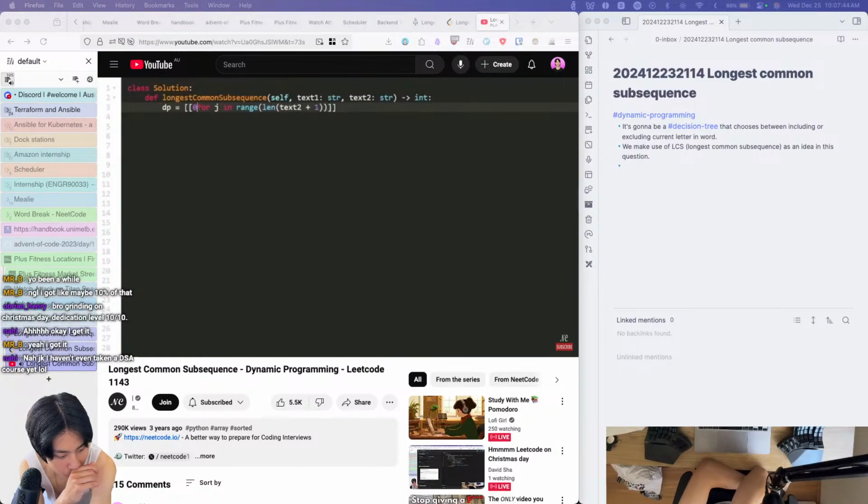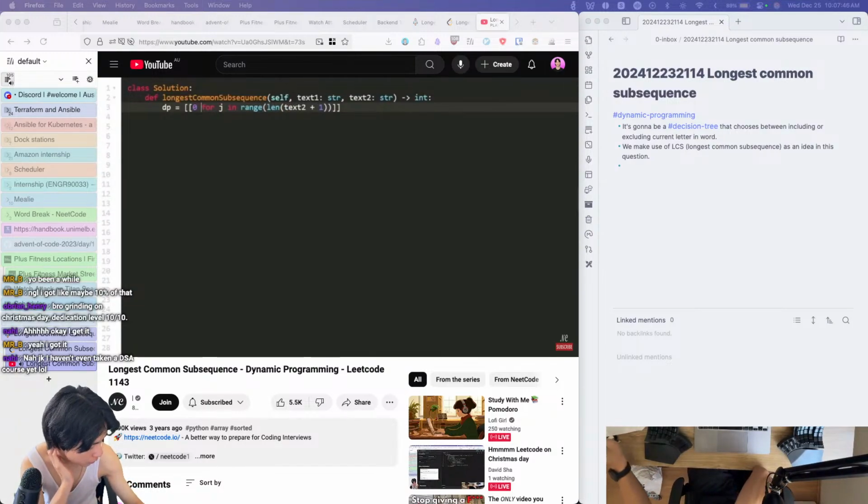Remember, we're going to put a 0 for every value in that. And we're going to have this row for every value in the length of text 1 plus 1 as well.